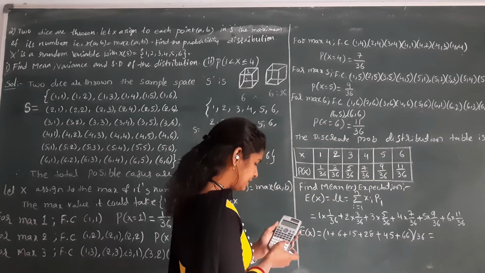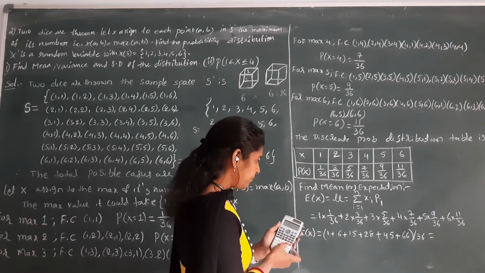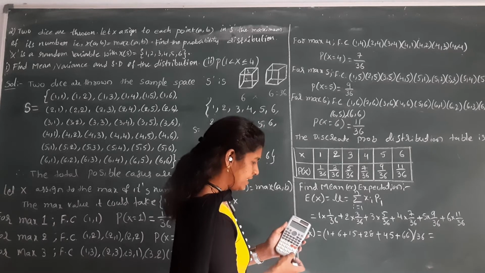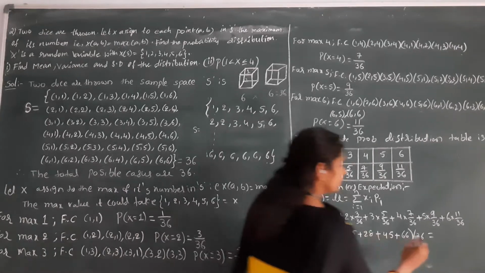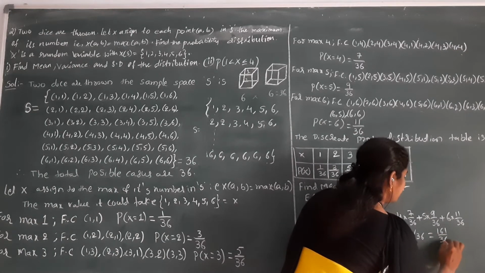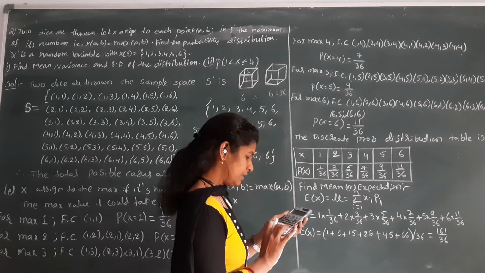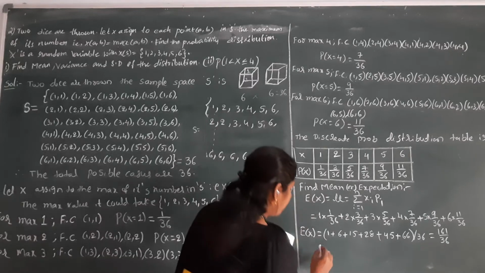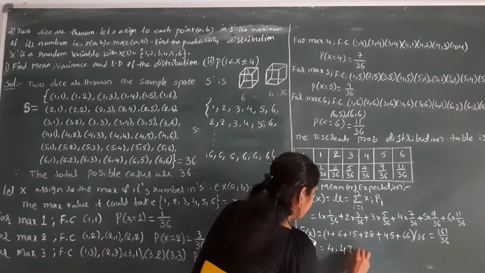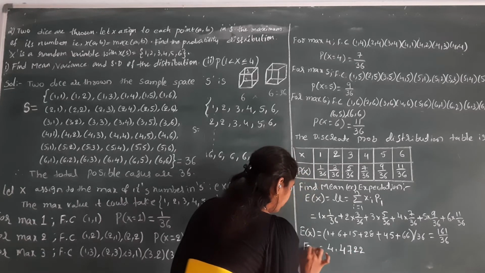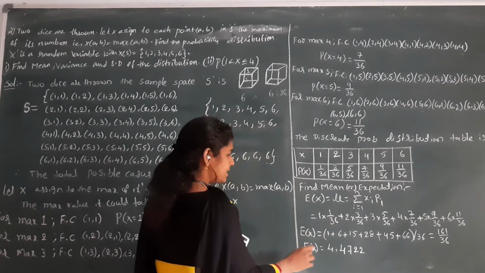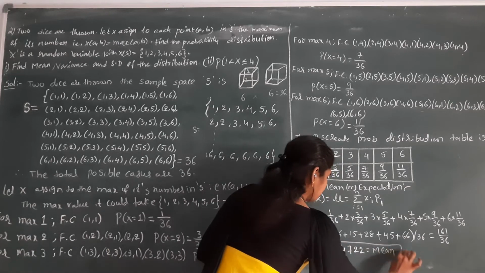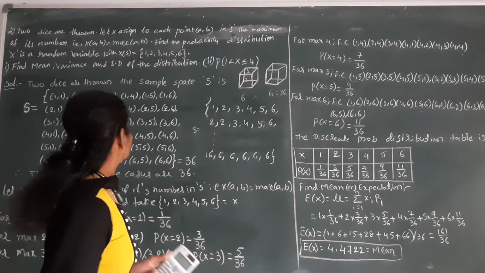Calculating 1 plus 6 plus 15 plus 28 plus 45 plus 66, you will get 161. 161 by 36 is equals to 4.4722. This is E of x. This is the mean. So mean is completed.